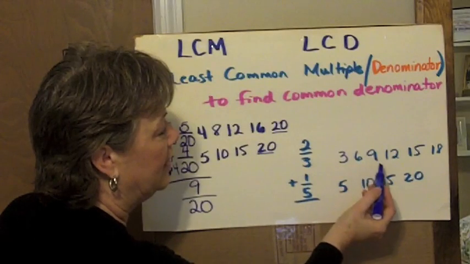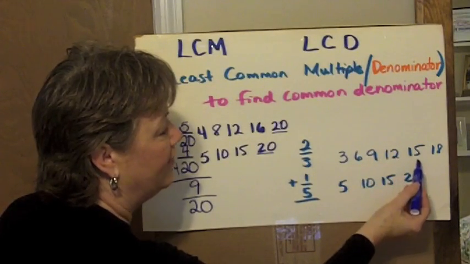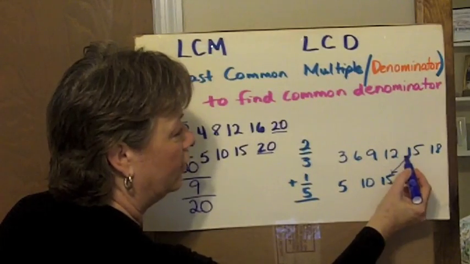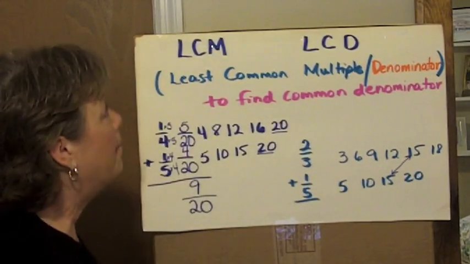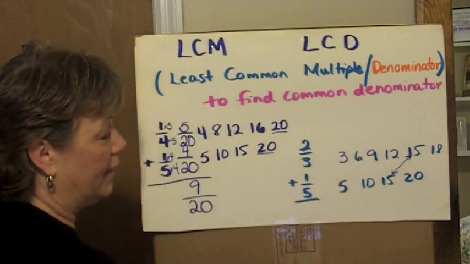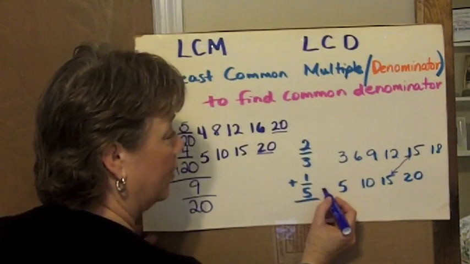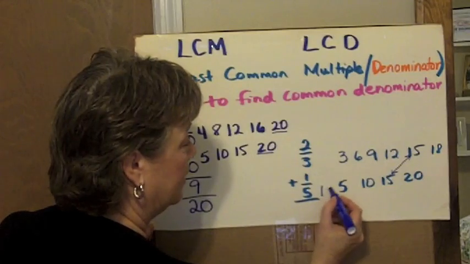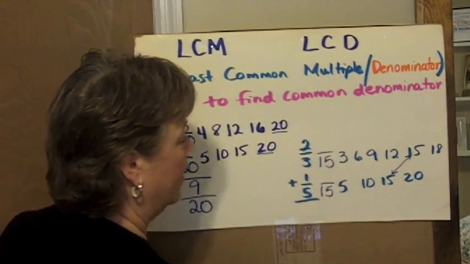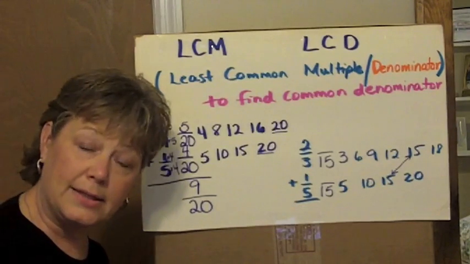3, 6, 9, 12, 15. Whoops, I can already see right here. That's going to become my least common multiple, my least common denominator. So I'm going to come right here, and my new denominator is going to be 15ths. So remember that balancing act.